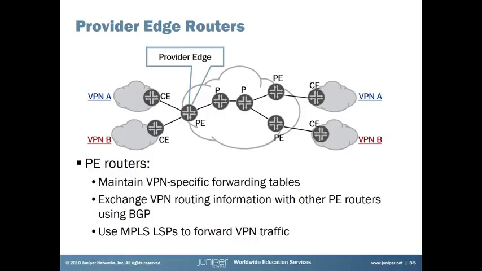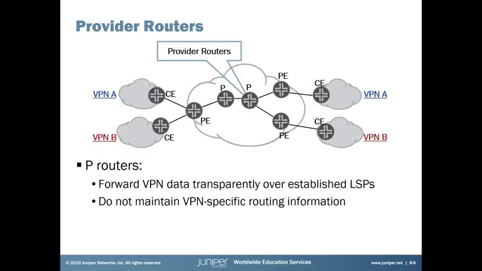And the other really good thing is that a PE router only has to maintain VPN information for the customers and customer sites that are attached to that particular router. So it makes it very easy to add extra sites or extra customers. The PE routers forward VPN data transparently over established LSPs, and the core doesn't know anything about the VPN.